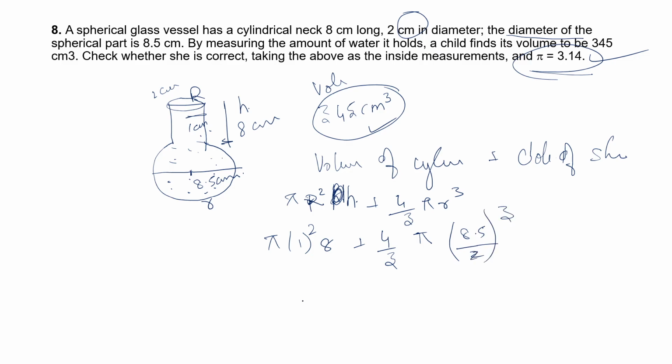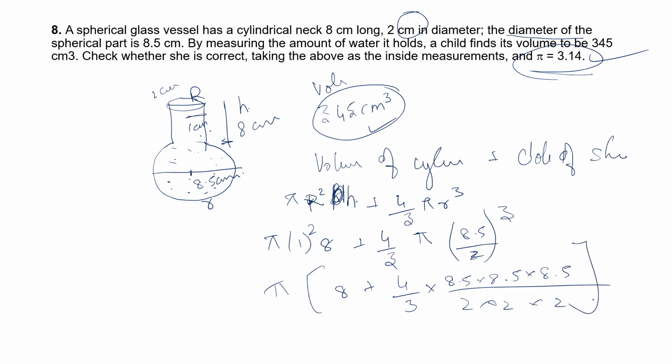So you can take pi common outside, and 8 plus 4 by 3 into 8.5 into 8.5 into 8.5 divided by 2 into 2 into 2. If you make the calculation, you can arrive at the answer as 346.51 centimeter cube. So what she has calculated? She has calculated 345 and your calculation is 346.51. So she is wrong. That is the answer.